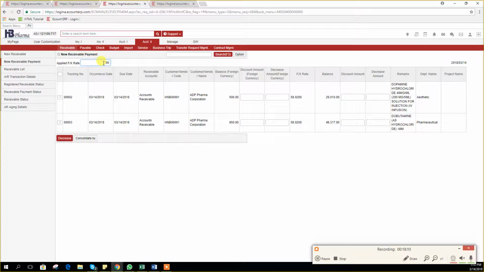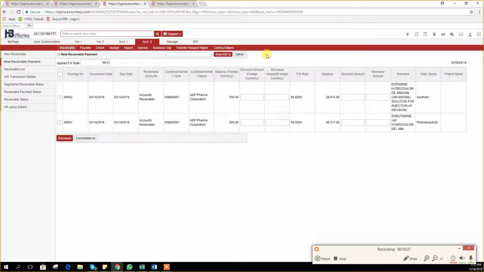So if I were to put here 59.01, the difference is supposed to go where? How do you set it up? Whether the difference is supposed to go inside gain on foreign currency exchange or loss on foreign currency exchange.